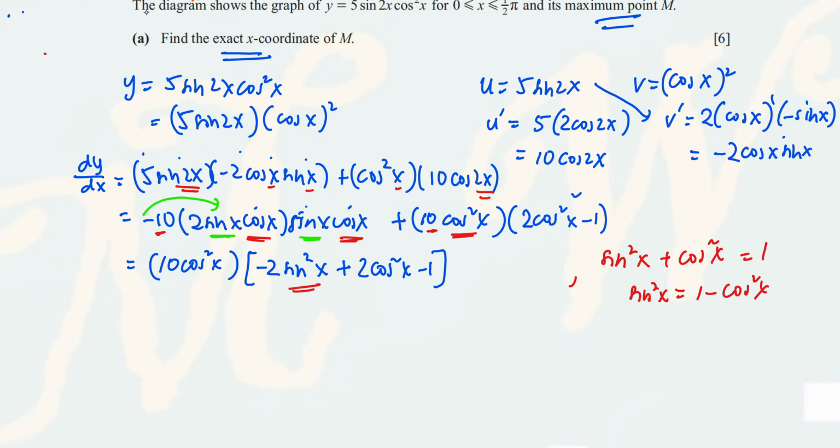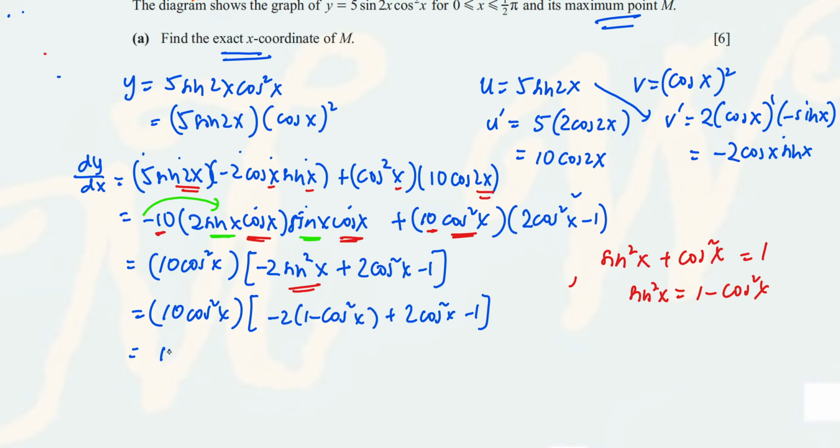Okay, then now here, just simplify. Then you will be getting 10 cos square x. So it depends on you whether you want to express the square bracket in terms of cos or sine.